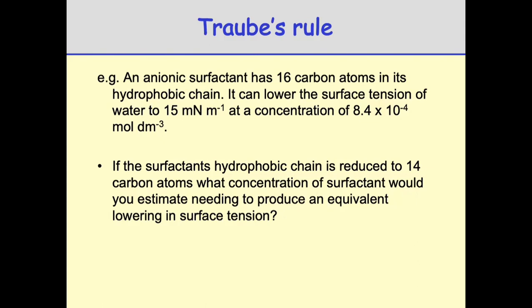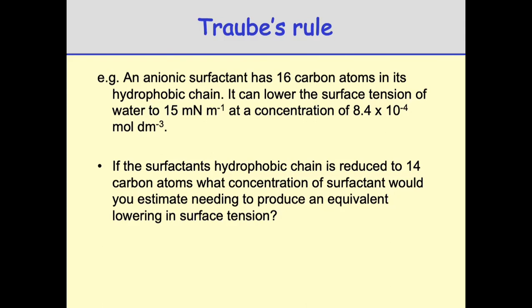So if you reduce the surfactant hydrocarbon chain to 14, you're going to need more surfactant to get a surface tension of 15. How much more? Well, Traube's rule says you'll need 3 times more for each reduction in 1 carbon in the carbon chain.